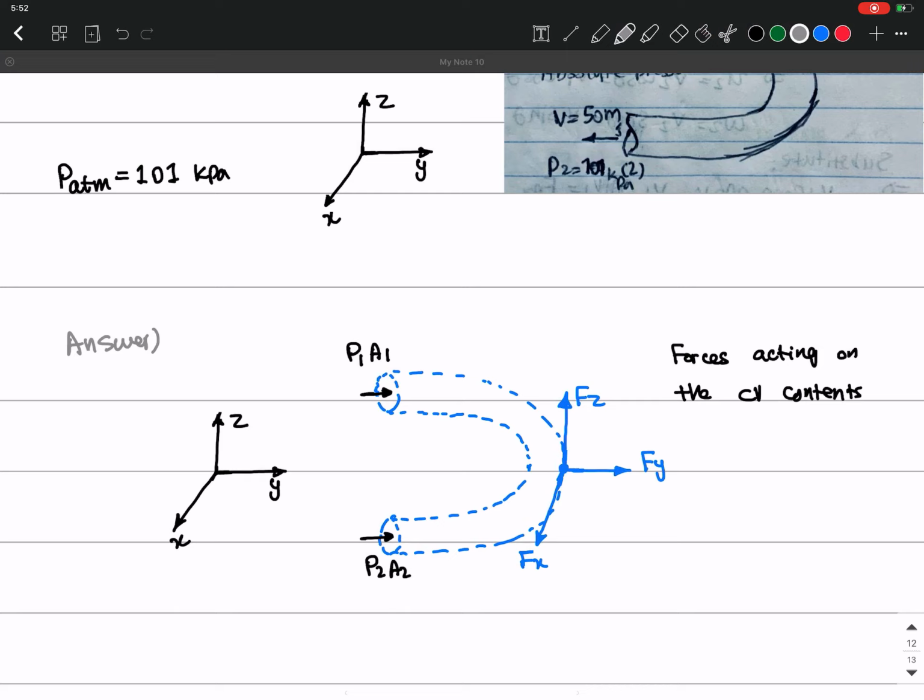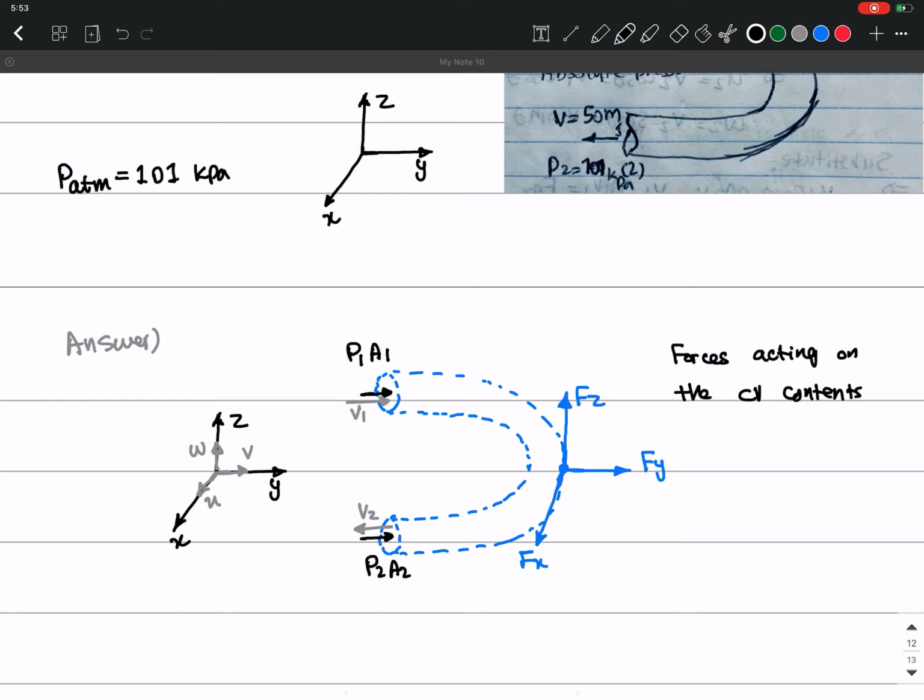And then the velocity components are shown with v in the y direction, u in the x direction, and w in the z direction. So this is just velocity components in different directions. So we have v1 here that is going into this control volume, and then we have v2, the fluid that is coming out of this control volume. Okay, so this is the free body diagram on this CV that I selected.